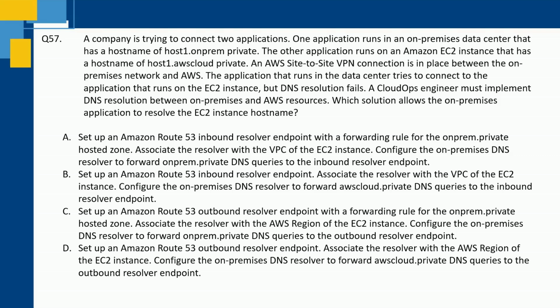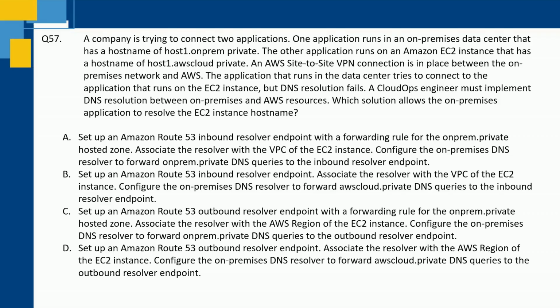Your options are: set up an Amazon Route 53 inbound resolver endpoint with a forwarding rule for the onprem.private hosted zone. Associate the resolver with the VPC of the EC2 instance. Configure the on-premise DNS resolver to forward onprem.private DNS queries to the inbound resolver endpoint.